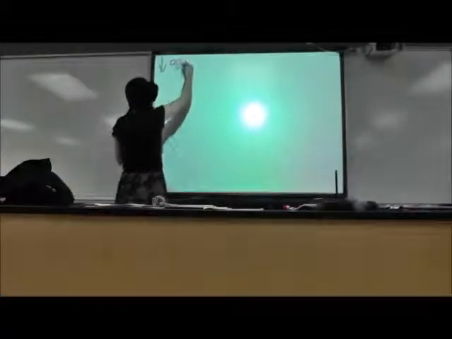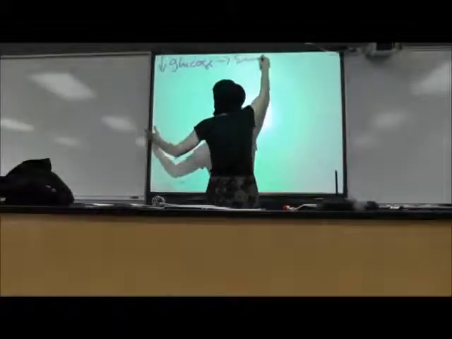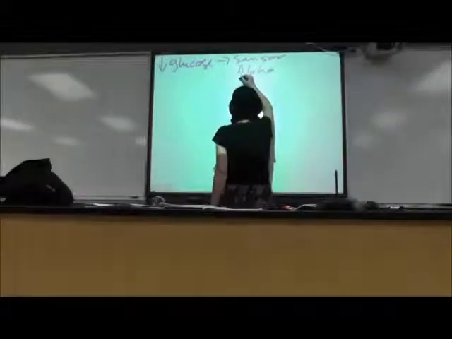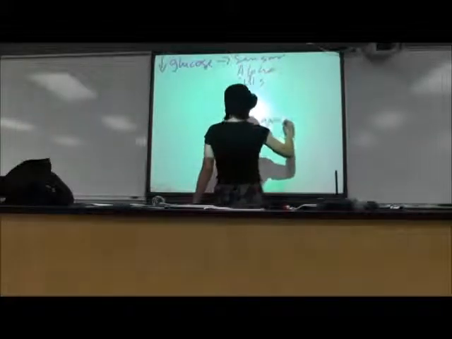All right, so in between meals, if you get a drop in blood glucose, who's going to sense this? The alpha cells. This would be our alpha cells of the pancreas. They're going to release what? Glucagon. So that makes them the control center.